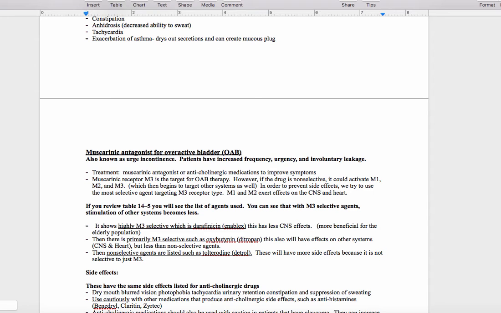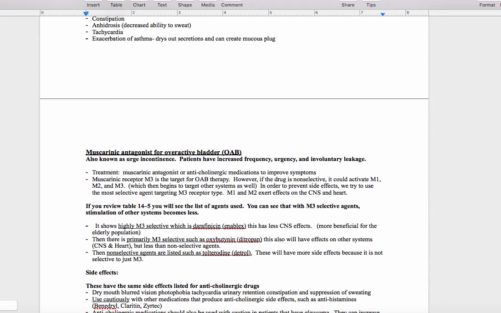So it's pretty common. Our overall goal with treatment is obviously to help this urge incontinence, so we'll use muscarinic antagonists, or these anticholinergic medications, to improve their symptoms.